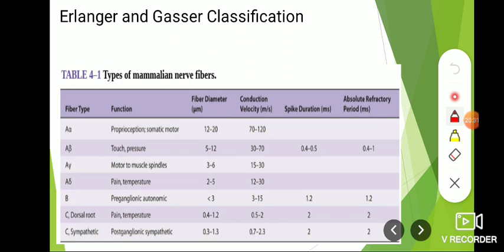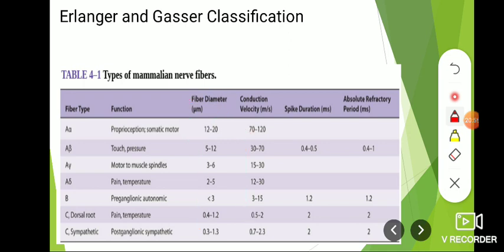Now this is an important classification explained by Erlanger and Gasser. It is based on fiber diameter, and as the diameter decreases, conduction velocity decreases, or in the reverse way, as the diameter increases, conduction velocity increases.